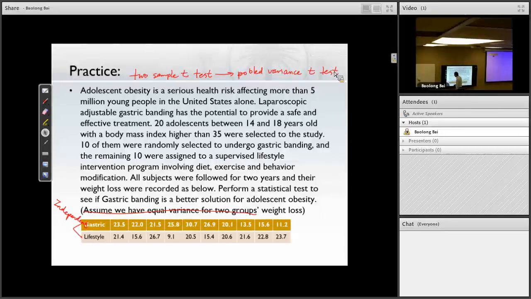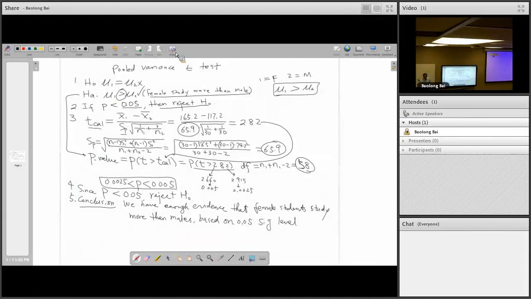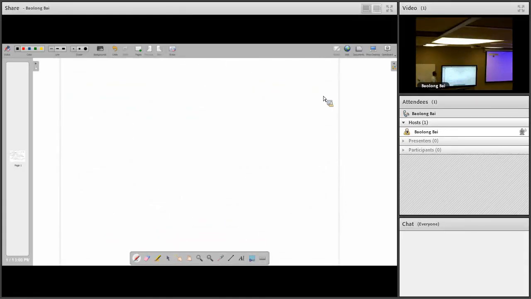Okay. So let's go through this real quick. I'm going to skip the calculation a bit. So we have a pooled variance test to work with. Then the first step is stating the hypothesis.